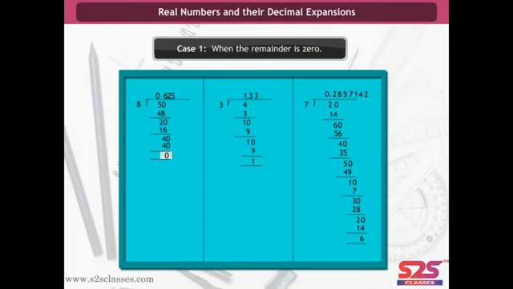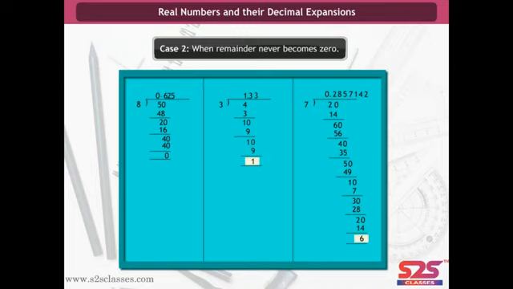Case 1, when the remainder is 0. In this case, the decimal expansion terminates after a finite number of digits after the decimal point. In the decimal expansion of 5 by 8, we can see that the remainder becomes 0 and the decimal number obtained is 0.625. Case 2, when the remainder never becomes 0.